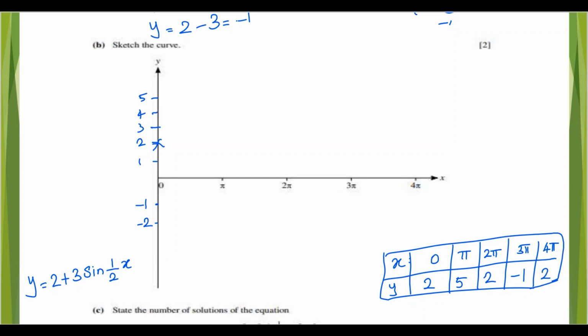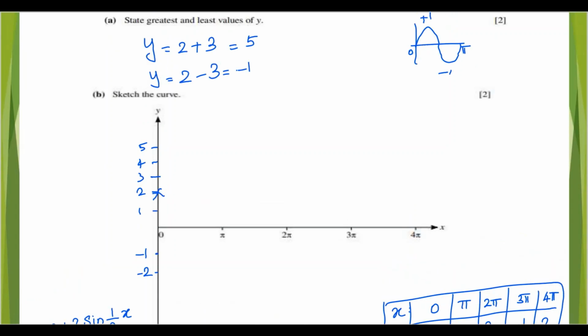When x is pi, y is 5. For 2 pi, 2. 3 pi, -1. 4 pi again 2. Now join all the points. You get a curve like this. Okay. Try to draw a smooth curve.